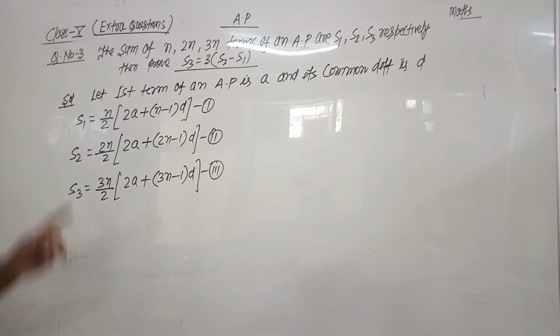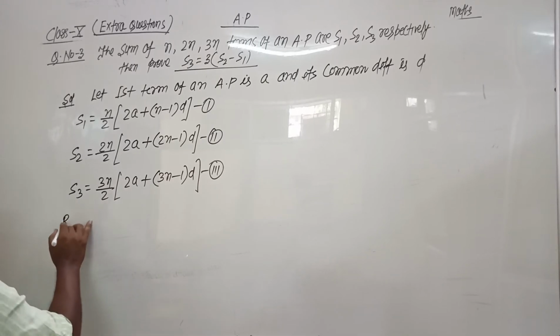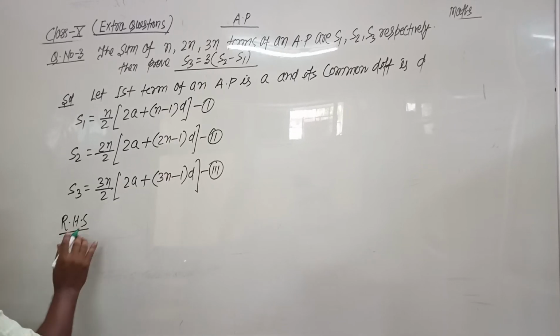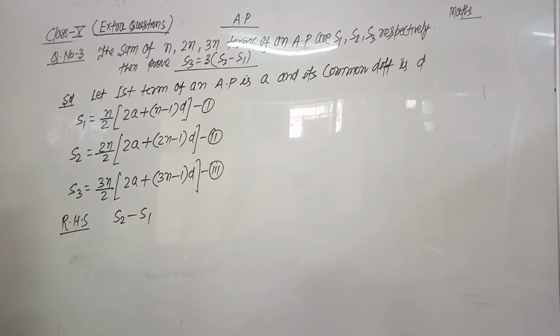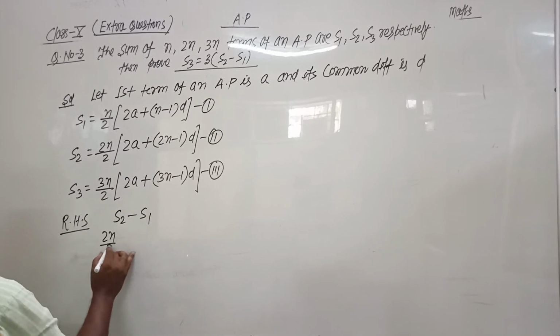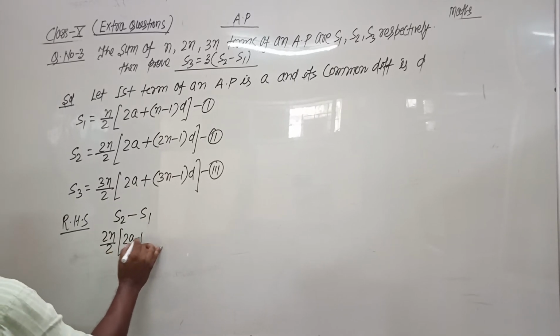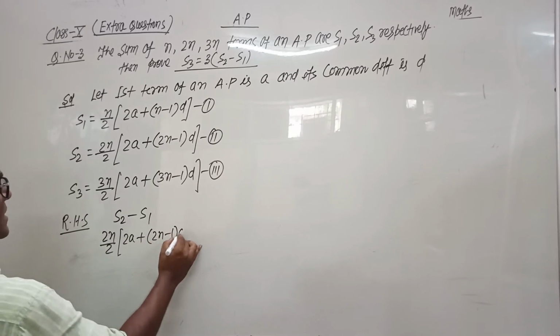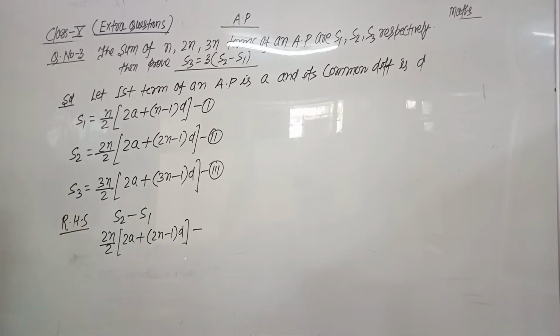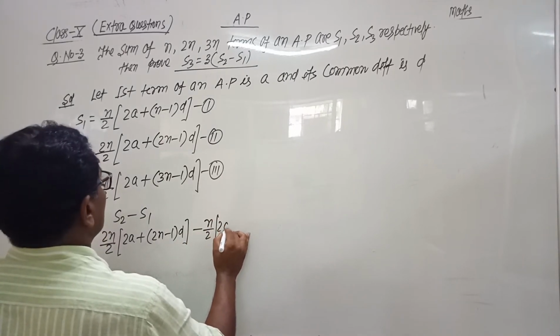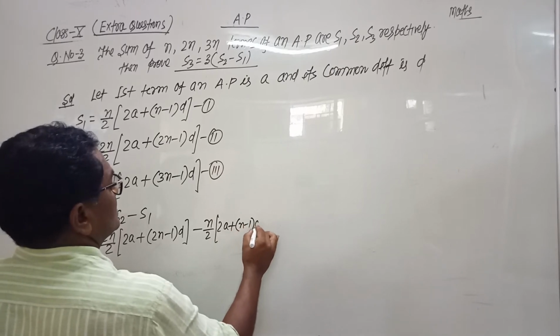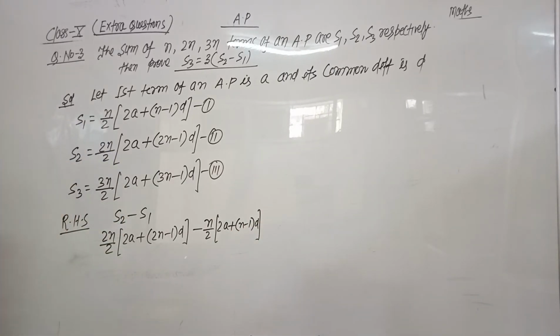Now we solve RHS. So firstly we will find S2 minus S1. The value of S2 is 2n by 2 and 2a plus 2n minus 1 into b, minus the value of S1, which is n by 2, 2a plus n minus 1 into b. From these two terms, we take n by 2 as common.